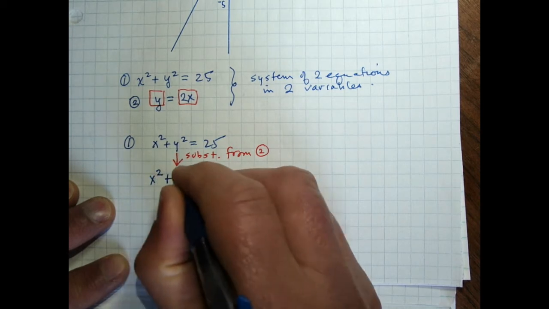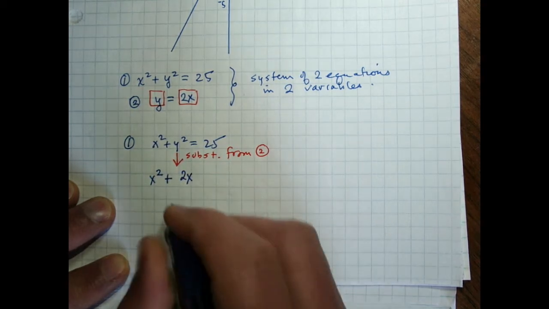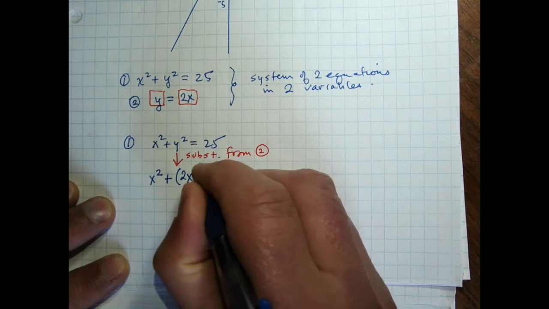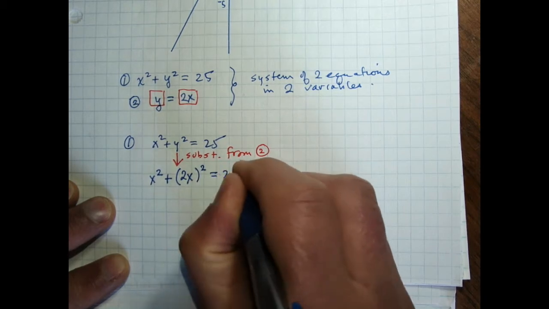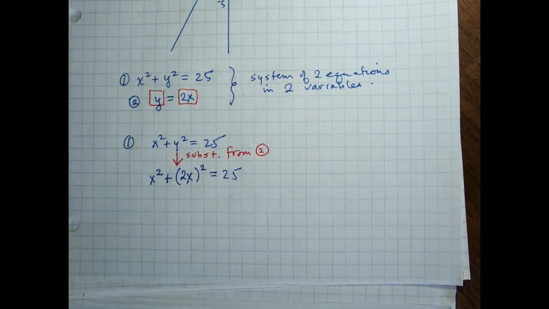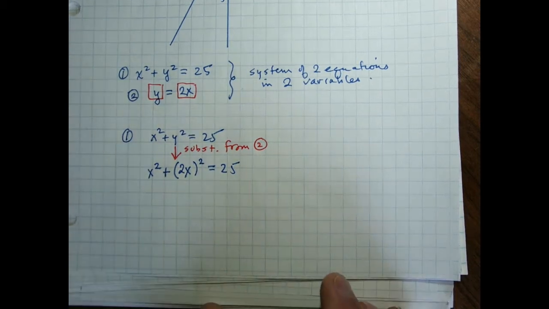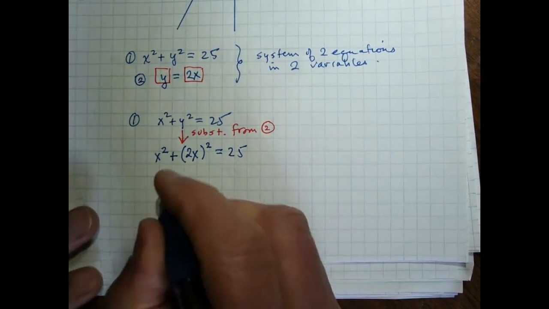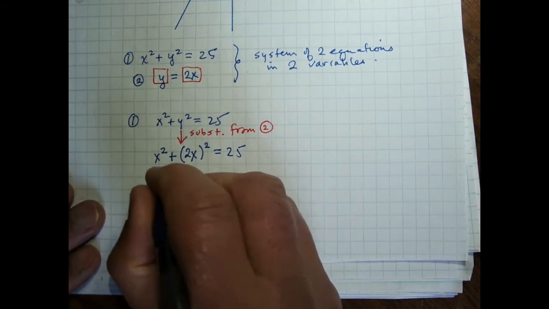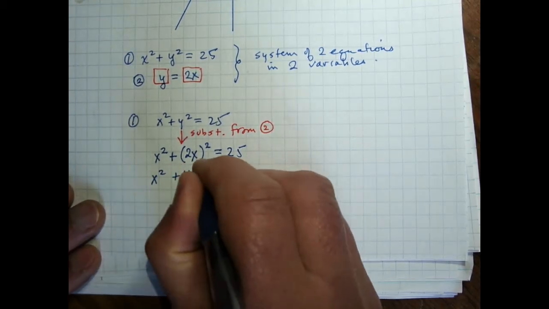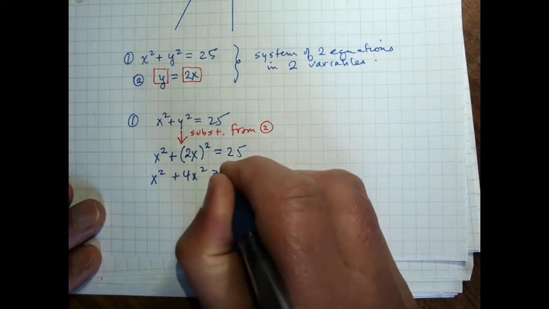So I have x squared plus 2x. Now I have to write that in parentheses squared equals 25 because the 2x, that entire quantity, has to get squared since it replaces y. I have x squared plus 4x squared equals 25.